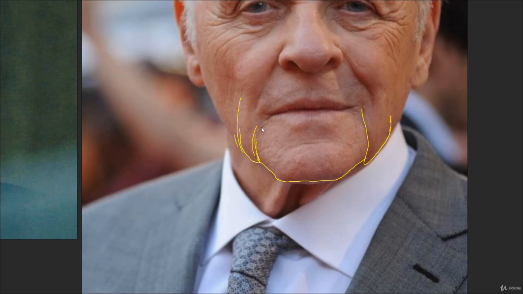Note how this fat pad merges these two volumes, the one for the malar, the nasolabial fold, and also this other one for the nose region.